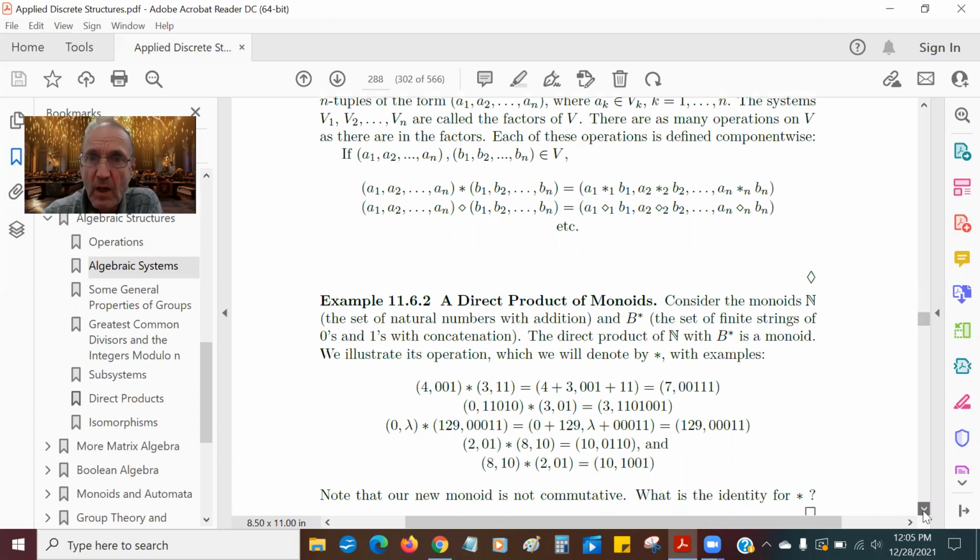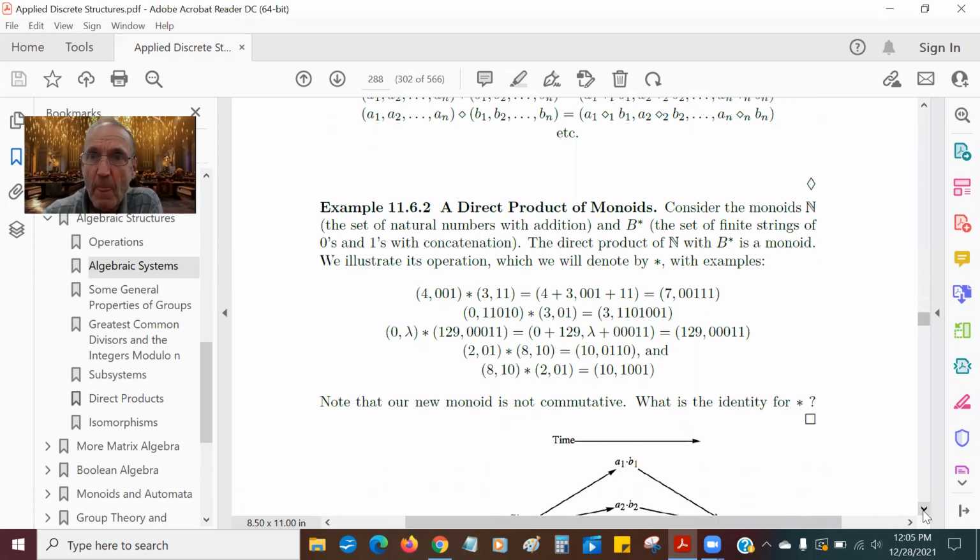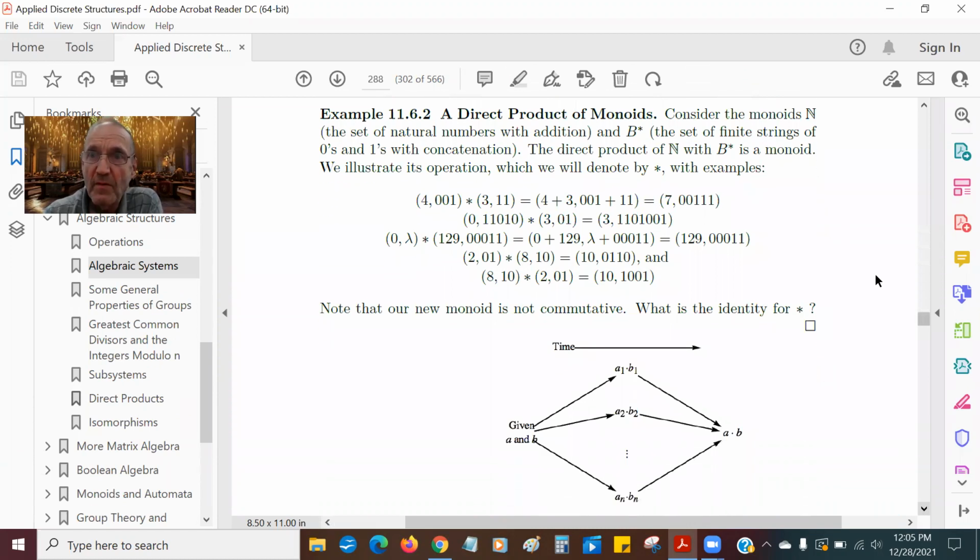Okay, so here we go. Direct product of monoids. So N, the natural numbers, is a monoid with addition because it's associative and has an identity element. This is really the natural numbers counting 0, which I always learned was called the whole numbers, but it doesn't matter.